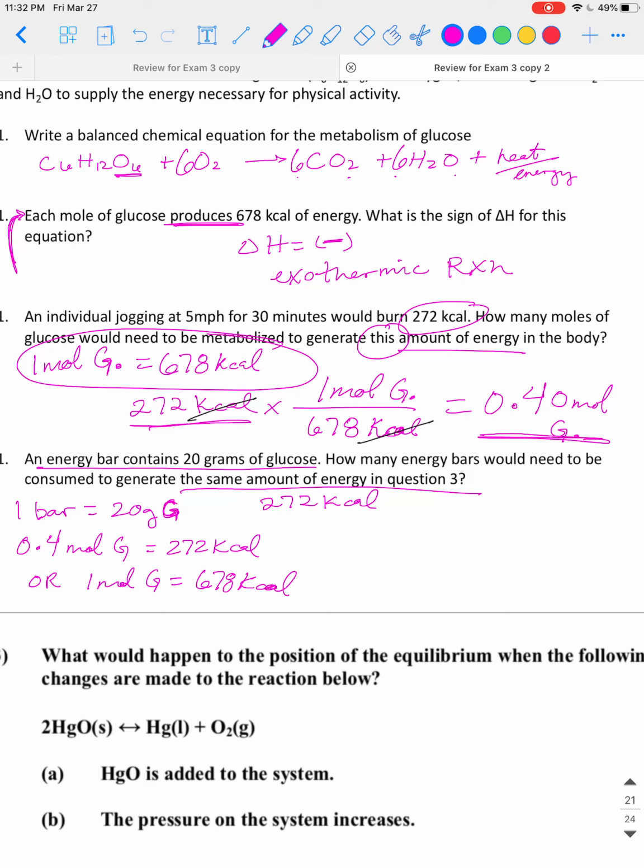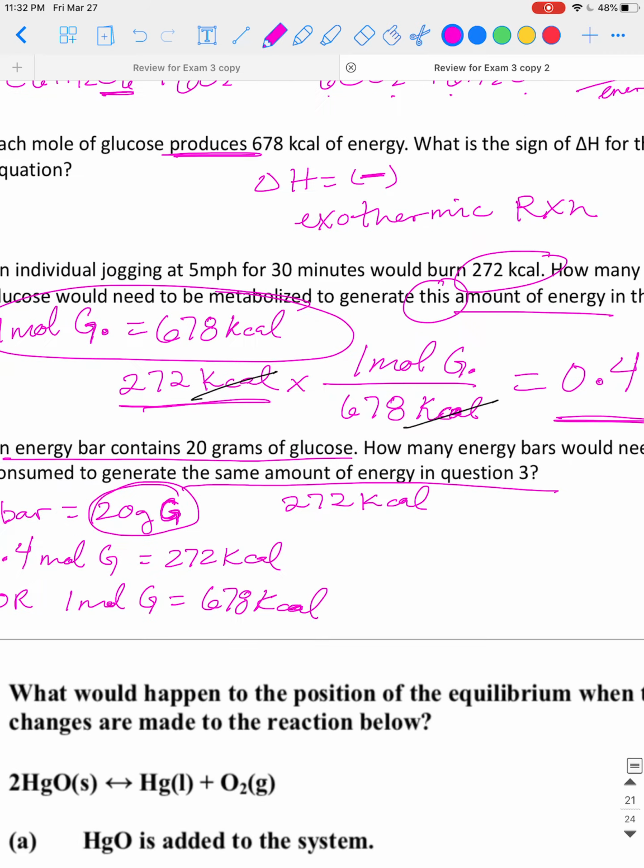The reason we need to convert from kcals to moles of glucose is because in this relationship, relating number of energy bars to grams of glucose, we need to be able to convert to grams of glucose ultimately so that we can convert to energy bars. The only way we can go to grams of glucose is if we have the molar mass of glucose and a relationship that connects energy to moles.